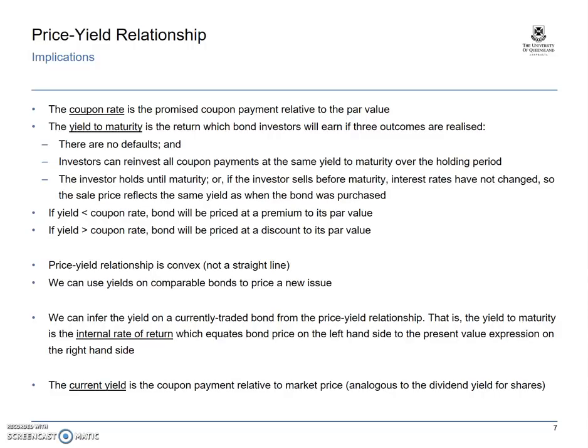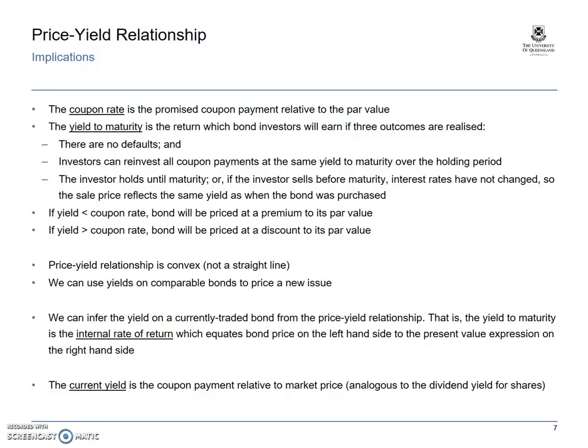The yield to maturity, on the other hand, is the return which the bond investor will earn. However, three outcomes must be realised for them to earn this yield to maturity. First and foremost, we assume that the issuer makes all of the payments and there are no defaults.